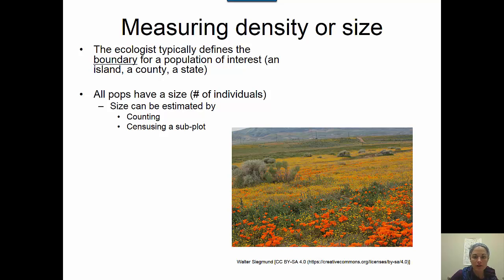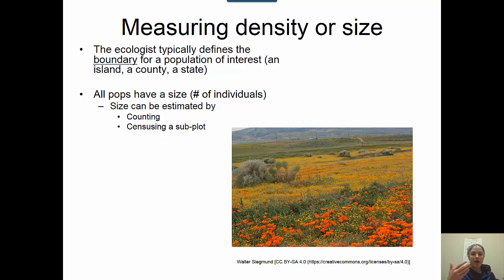the number of individuals. So that would entail having a meter square plot or half a meter square plot that you put down on the ground in various locations within your population boundary, and you count the number of individuals just within that subplot.